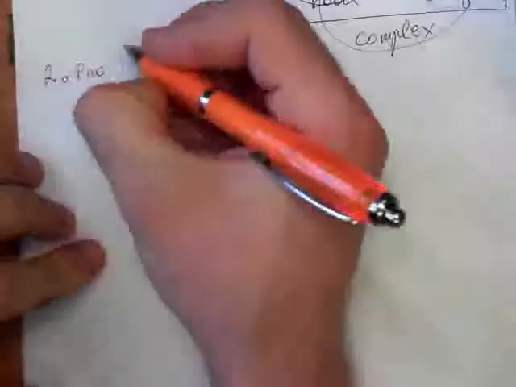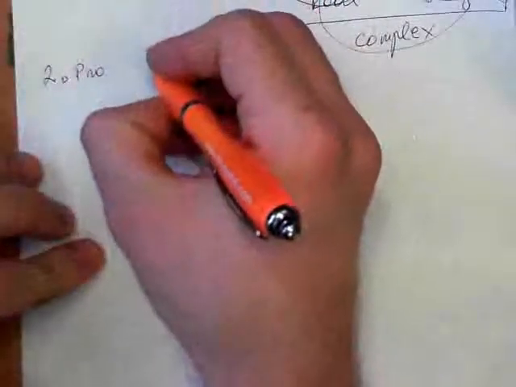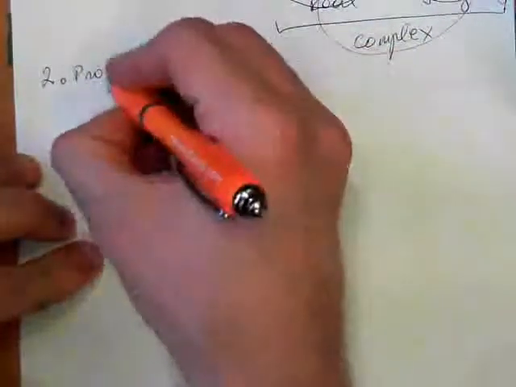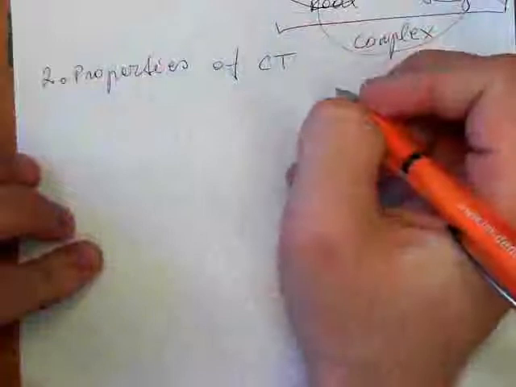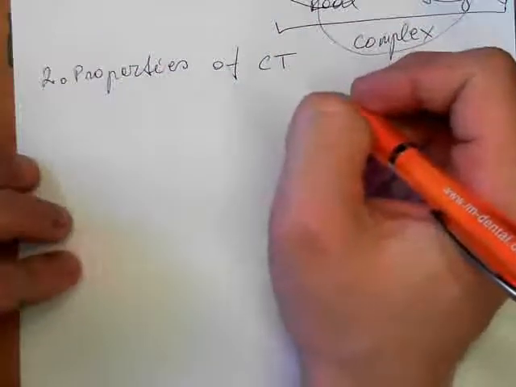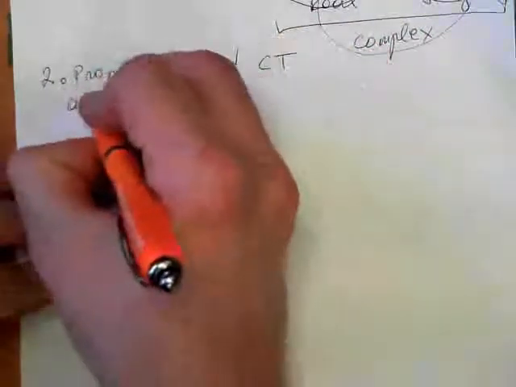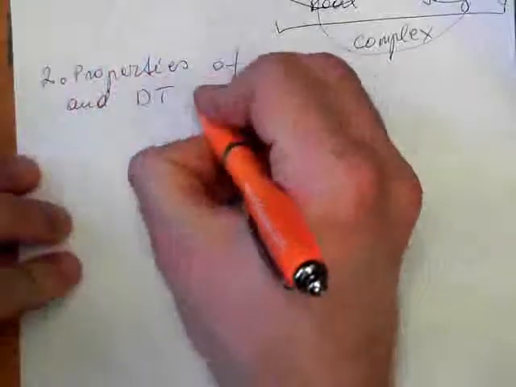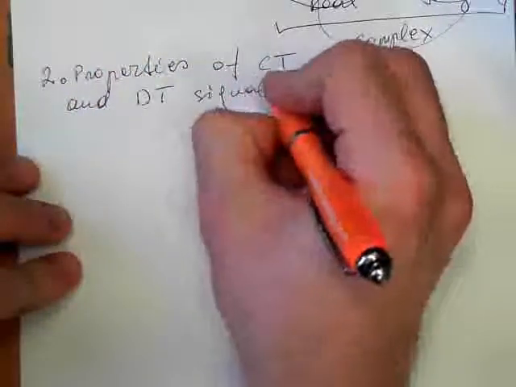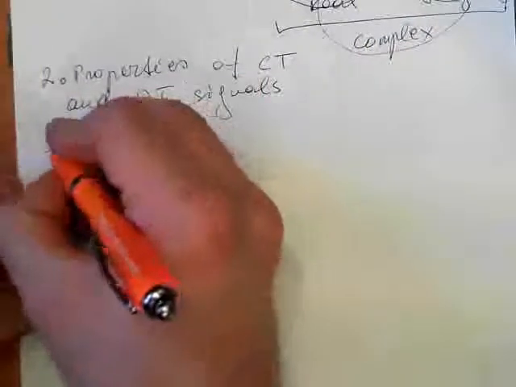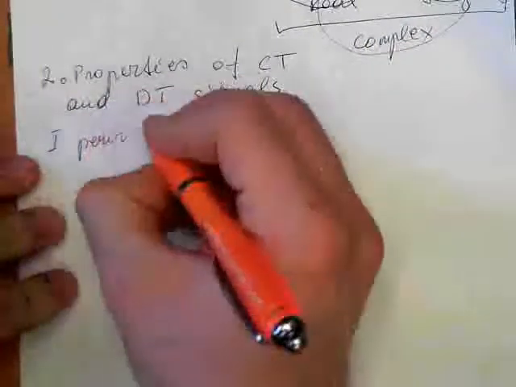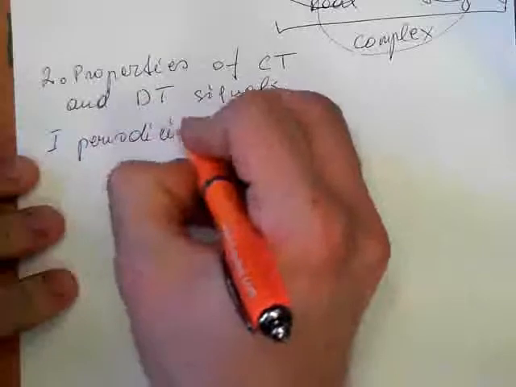So the second question is properties of continuous time and discrete time signals. The first property is periodicity.